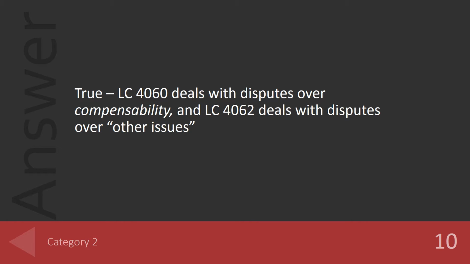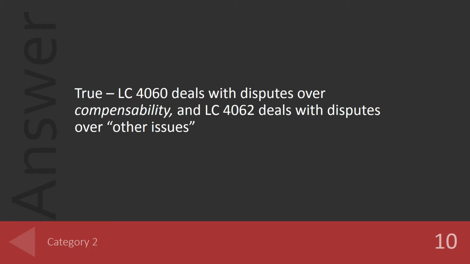So between 4060 and 4061, we have compensability issues, permanent impairment issues, and future medical care issues. And that leaves 4062 as sort of a catch-all funnel labor code that deals with disputes over what we're simply going to refer to as other issues. So between the three codes, we have a mechanism for dealing with disputes over all possible issues.